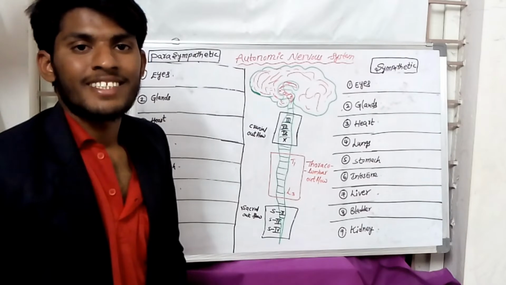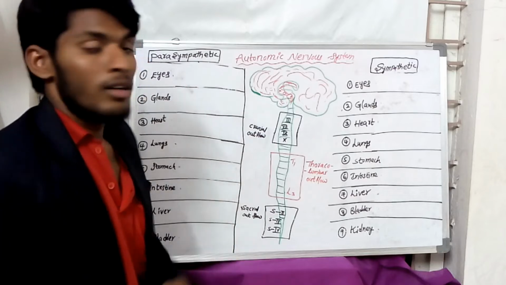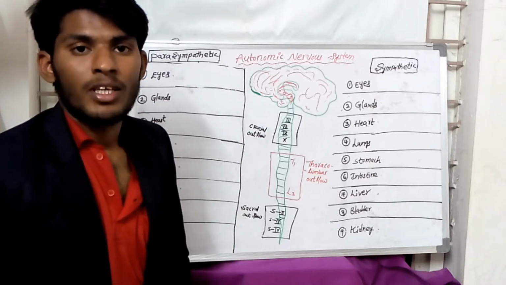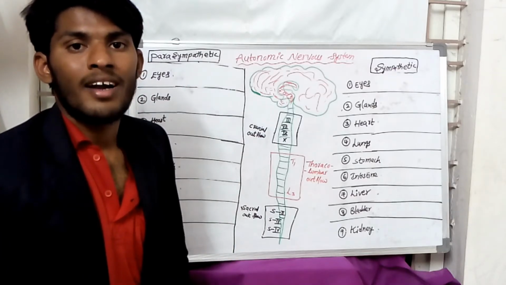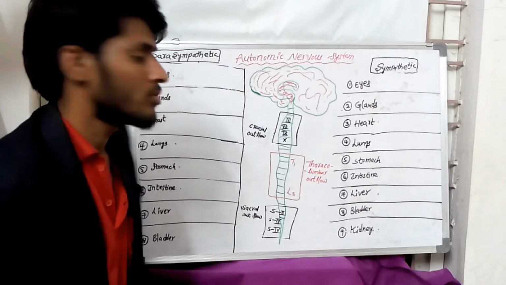First, we are going to discuss the eyes. Eyes consist of the ciliary muscles. In the case of the parasympathetic nervous system, the ciliary muscles are going to be contracted, so that the pupil size decreases.